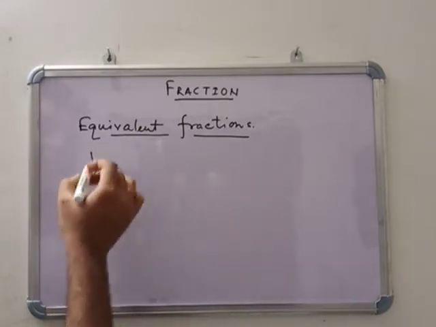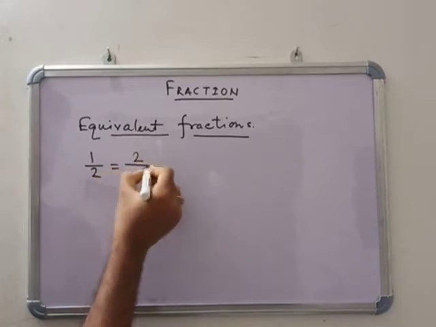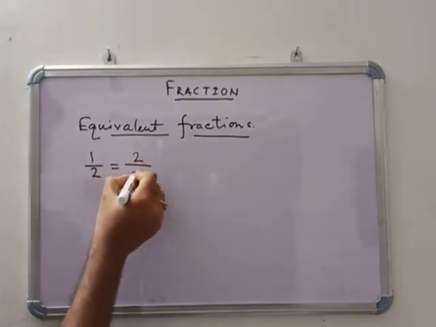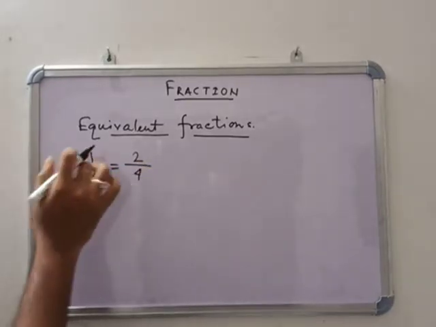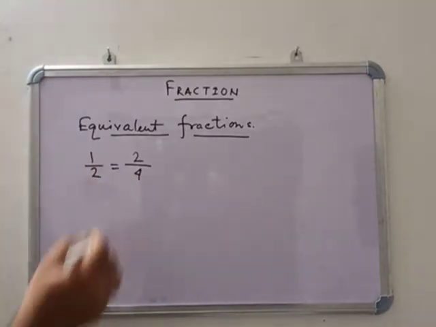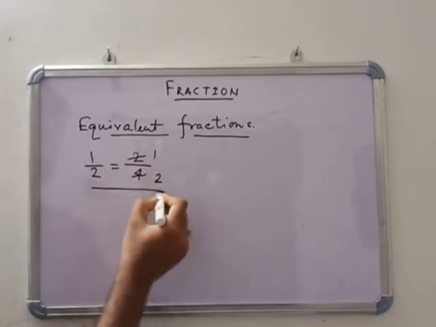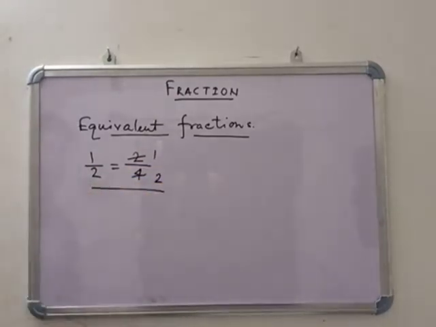If we multiply by 2 on the numerator, we get 2, and the same number 2 on the denominator, we get 4. These are equivalent fractions, because if we cancel by 2, we get the same fraction as before. That's why these are equivalent fractions of half.